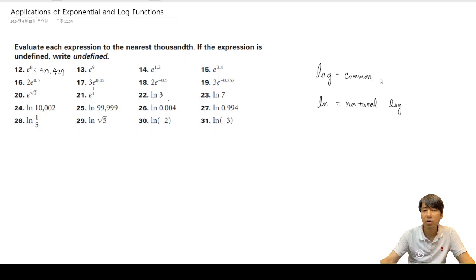Common log means the base is 10. So 10 is kind of hidden here. For ln 3, you just press the ln button and then 3, and you get 1.099.